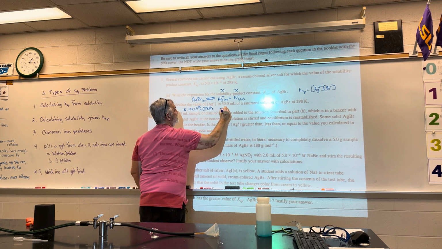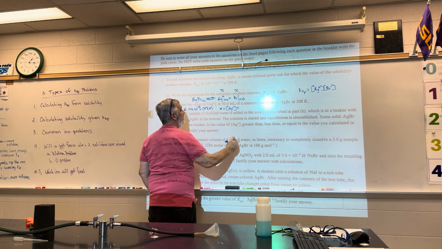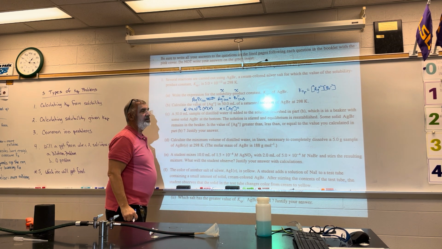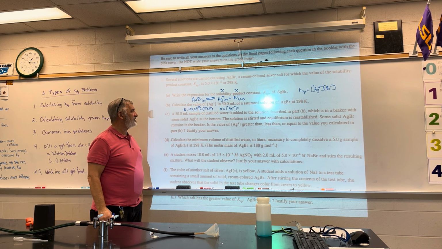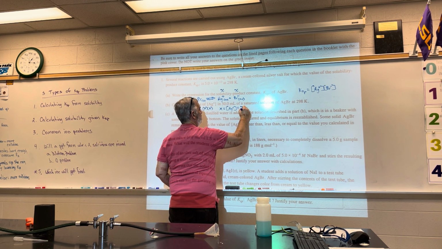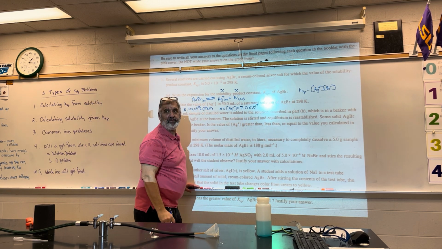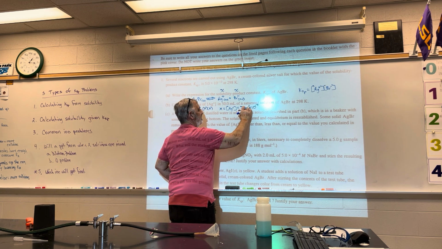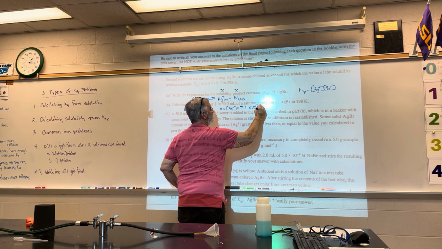X is equal to my Ag plus concentration, which is going to equal about 7.1 times 10 to the negative 7. Okay, so that's my concentration of silver ion.